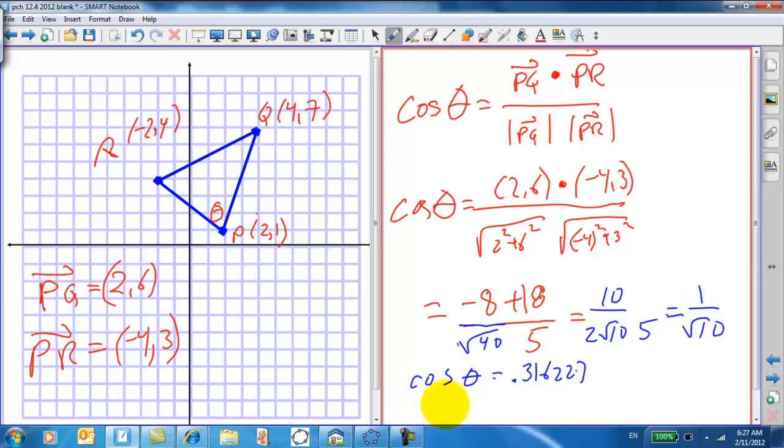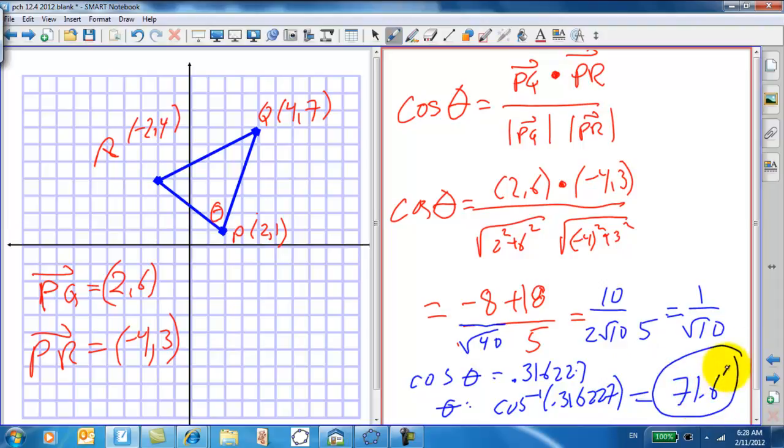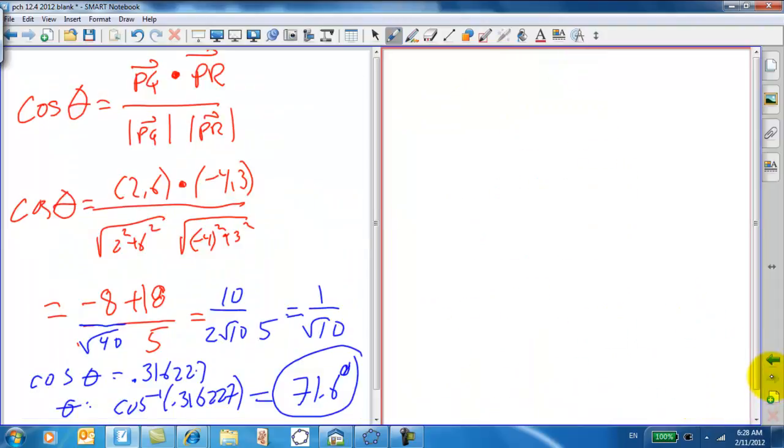And do the inverse cosine of that, 0.316227, and you get our answer of about 71.6 degrees. And that checks out. So, flange out.